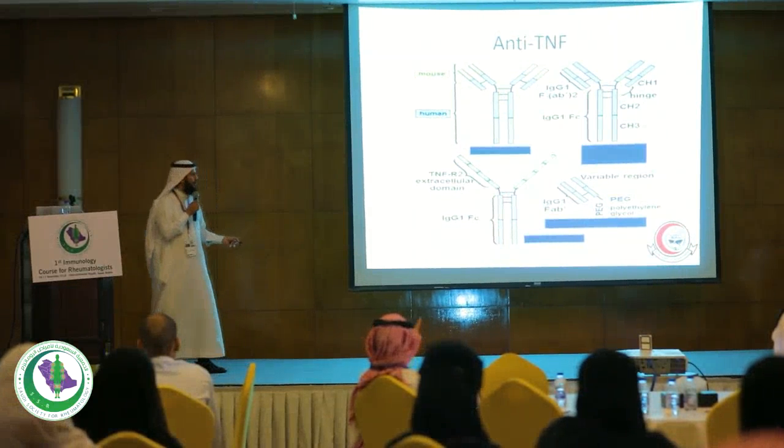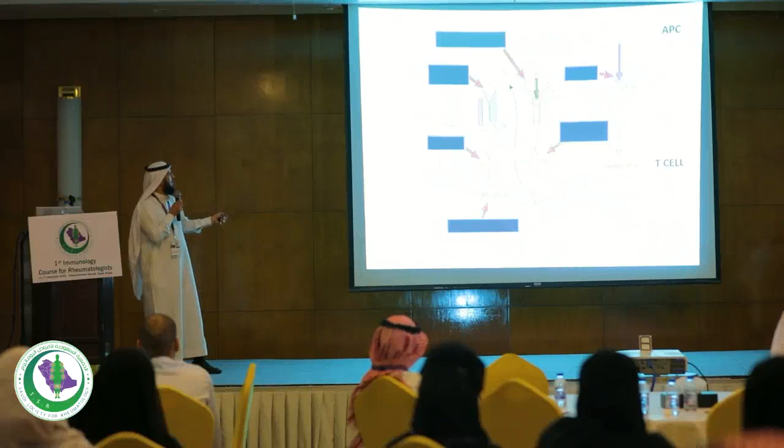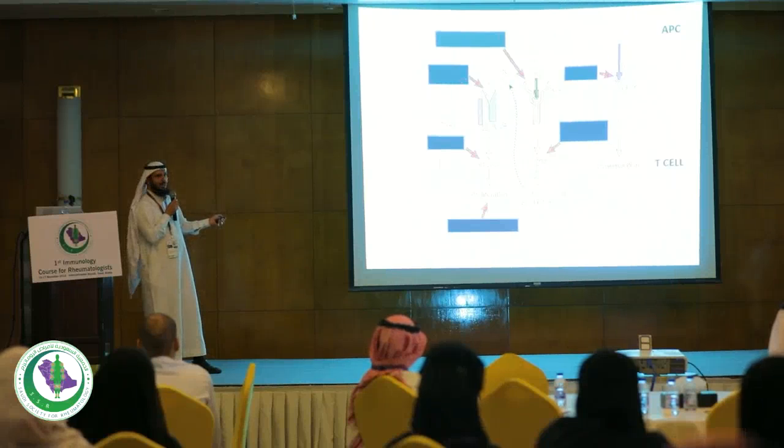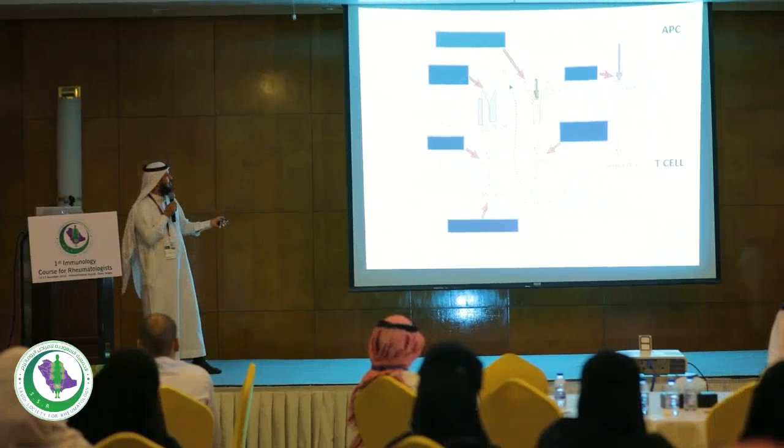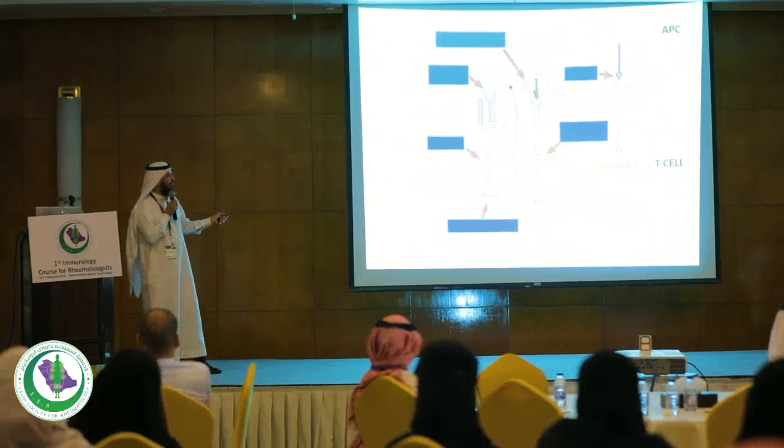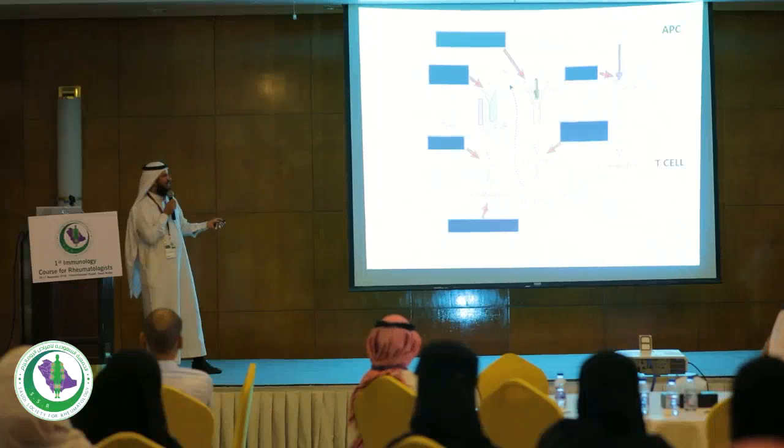And this one is etanercept, because you have the fusion protein. And this pathway is blocked by what? I'm looking at IL-2, so anti-IL-2. This is blocked by which medication? ATG and Campath all block this pathway. This one is what? Looking at B7 and CD28, it is belatacept.